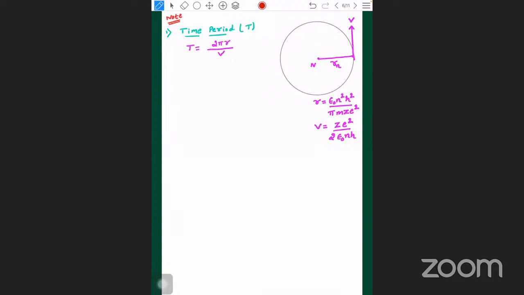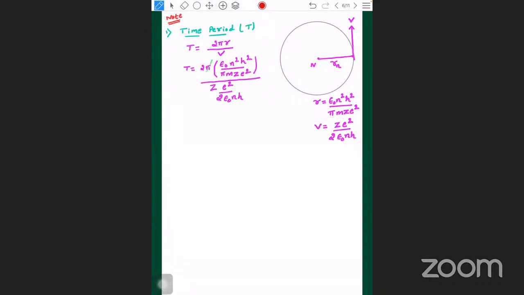So T equals 2 pi times r, which is epsilon naught n squared h squared divided by pi m z e squared, whole thing divided by the velocity, which is z e squared divided by 2 epsilon naught nh.